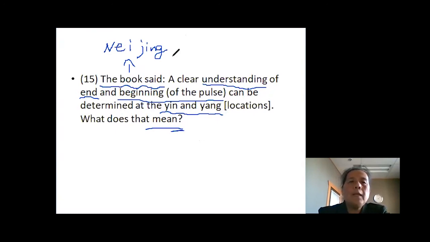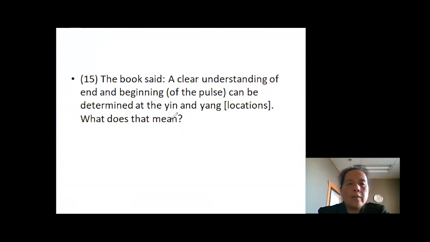In Neijing, the form is still question and answer, but some parts aren't answered clearly. So in Nanjing there is more explanation for Huangdi Neijing.